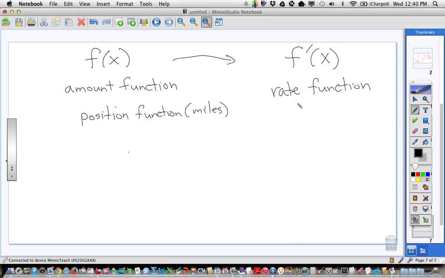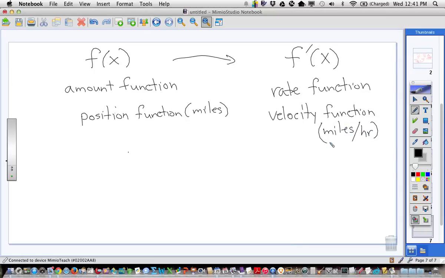Now, remember when we did that door swinging problem, right? And we talked about degrees per second, how fast it was opening. And we used the term rate of change. And we used the term average rate of change versus instantaneous rate of change. We're talking about instantaneous rate of change here. So this would be the velocity function for this particular situation. The rate of change of miles in our example here is going to be miles per hour.